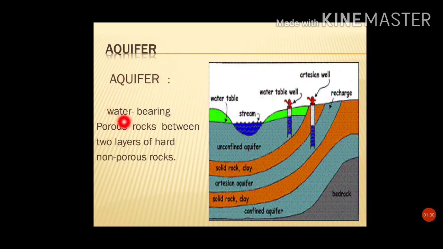Aquifer: water-bearing porous rocks between two layers of hard, non-porous rocks. In the Great Artesian Basin, there is an aquifer between two layers of hard, non-porous rocks.